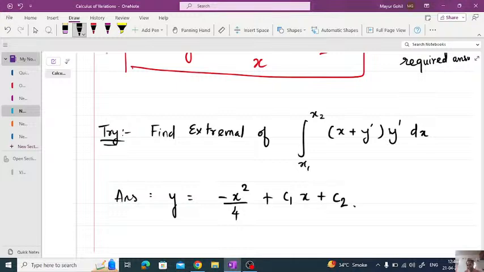You can adjust some of the coefficients, not a big problem, but try to handle it carefully. Okay, this is one question that you will have in the exam, or you can try it as your practice question.